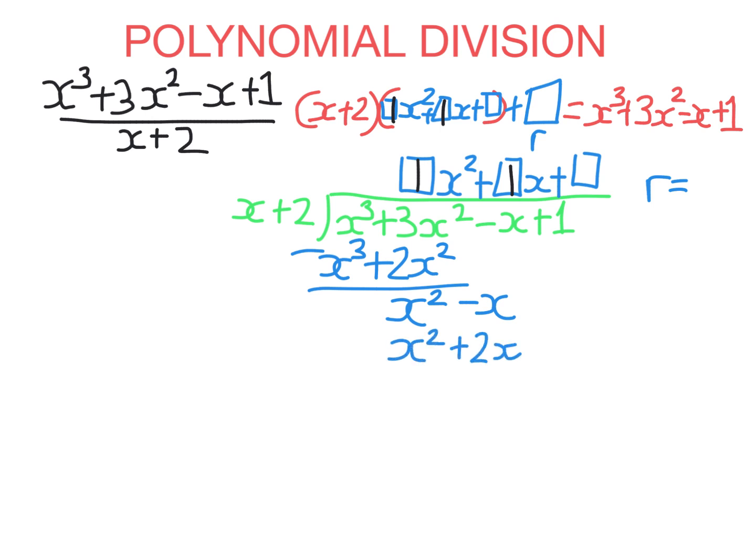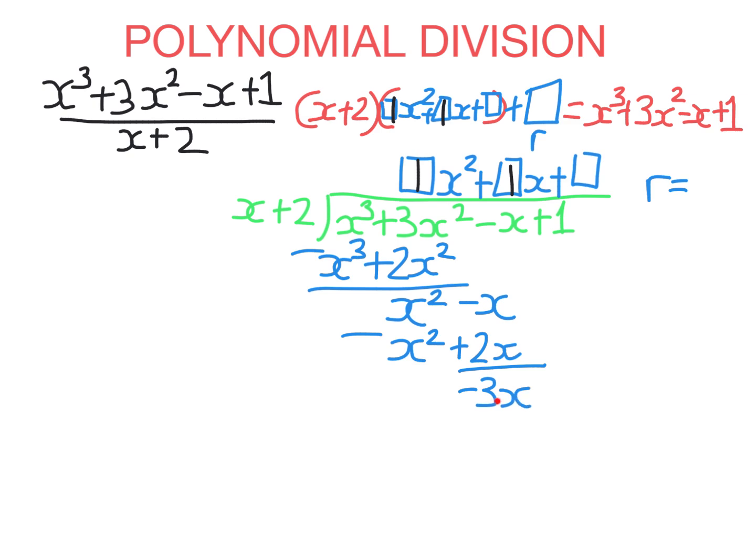So this is what we wanted to get. This is what we will get if we expand what we have so far. So we're going to calculate the remainder. X squared minus x squared is 0. Negative x minus 2x, that gives us negative 3x.